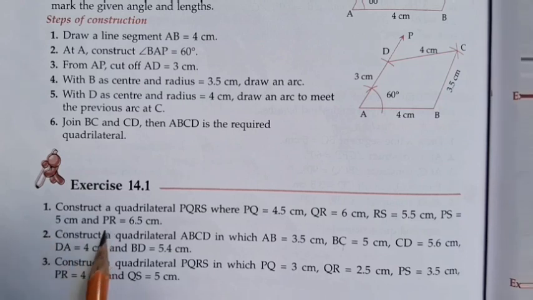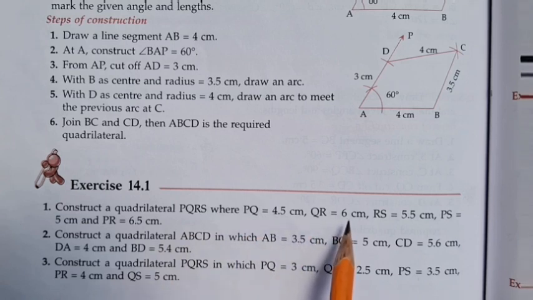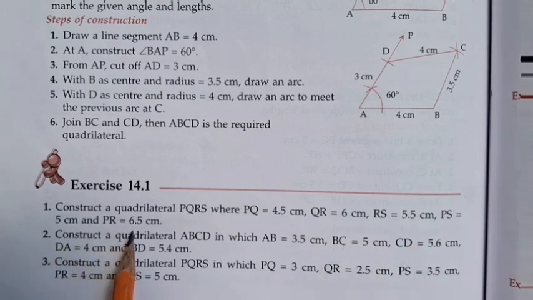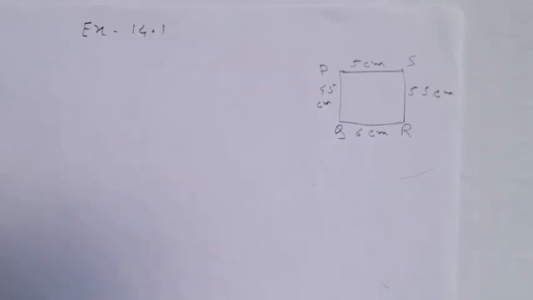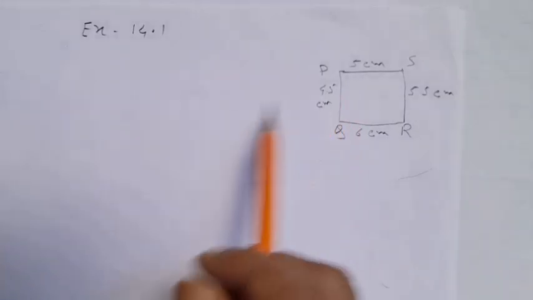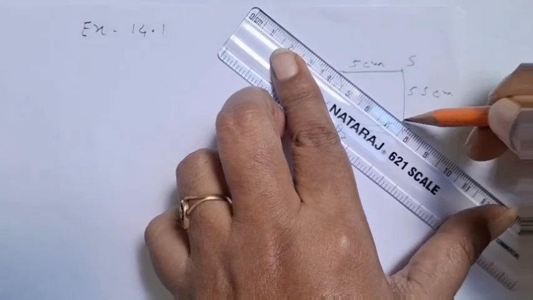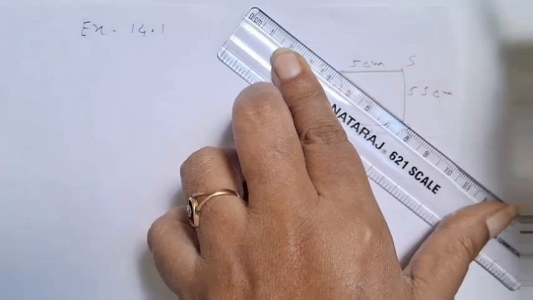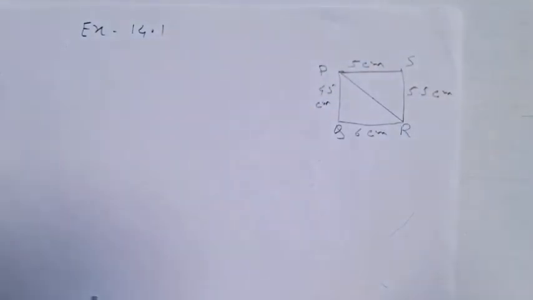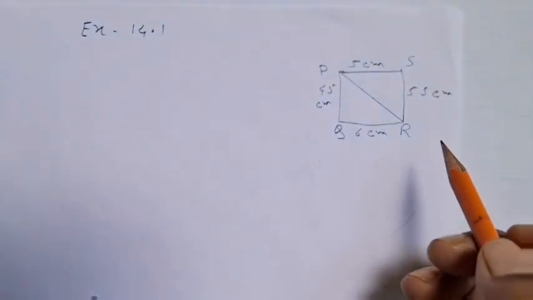Here we have to construct a quadrilateral PQRS, in which PQ is 4.5 cm, QR is 6 cm, RS is 5.5 cm, PS is 5 cm and PR is 6.5 cm. So at first I draw a rough sketch of the quadrilateral PQRS.